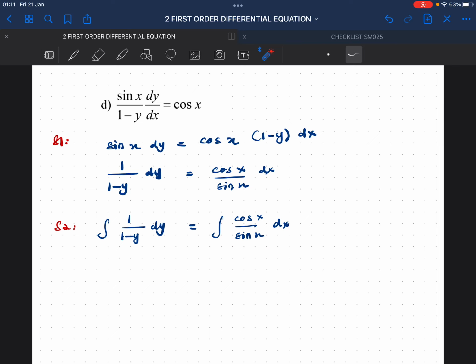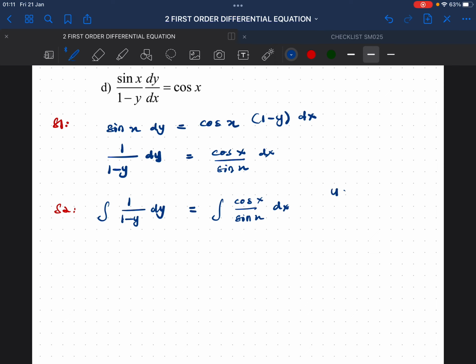So let's make it simple. You don't need to change. We just use substitution. So u equals the denominator sin x, and differentiating sin gives positive cos x dx. So we have 1 over u, because we take cos x dx as our du. For the left side, can we integrate using the power rule?